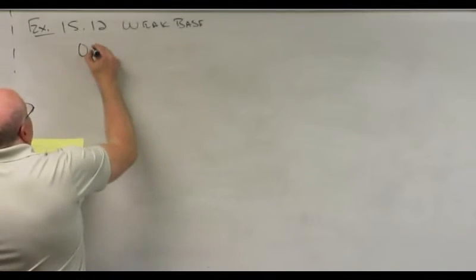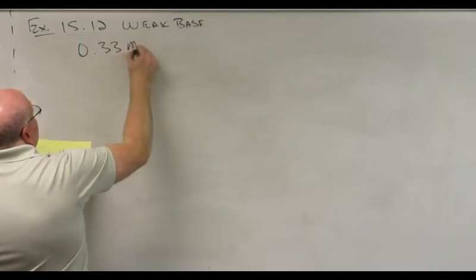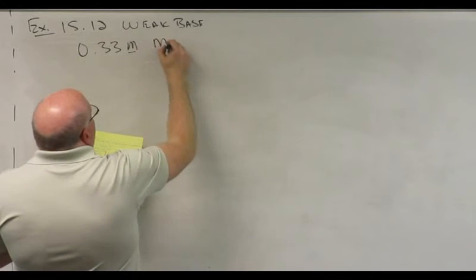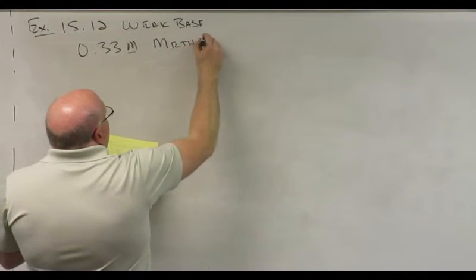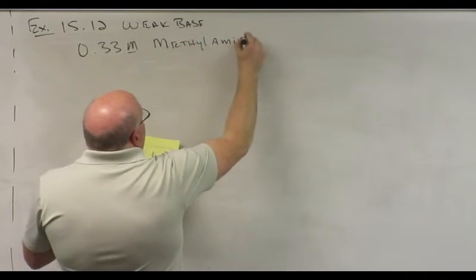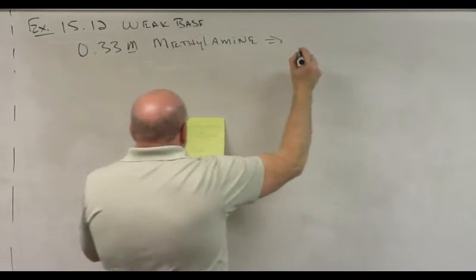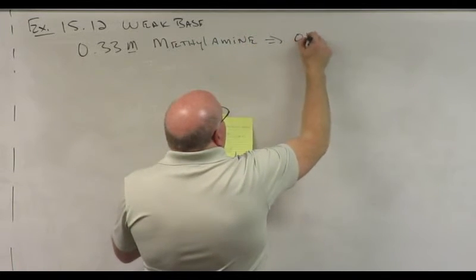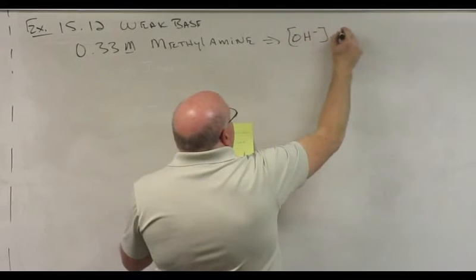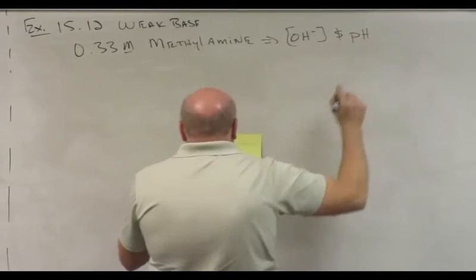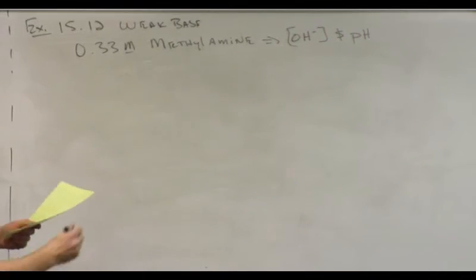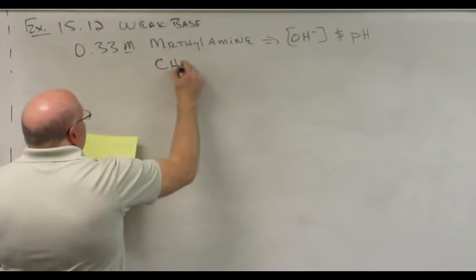We have a 0.33 molar concentration of methylamine, and we want to find the OH minus and the pH. Methylamine is this.